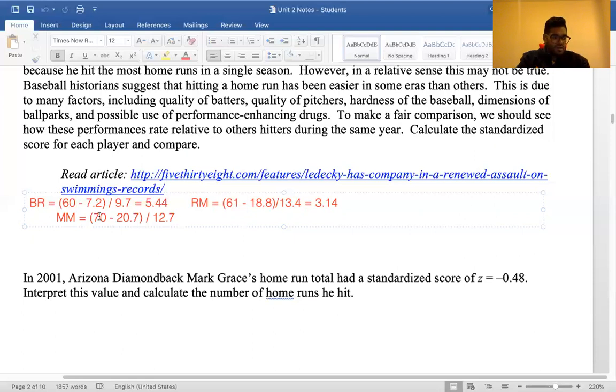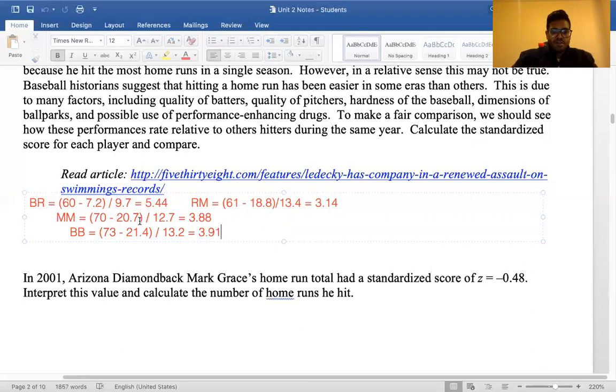He hit 70 home runs, minus the mean, which is 20.7, divided by the standard deviation, which is 12.7. That gives you a value of 3.88. And then last but not least, we have Barry Bonds, who hit 73 home runs, minus the mean, which was 21.4, divided by the standard deviation, which is 13.2. And that equals 3.91.